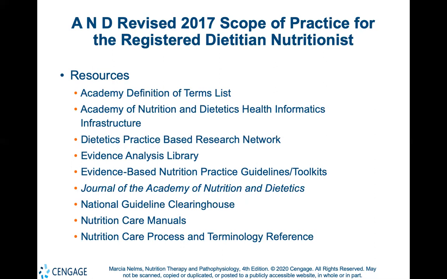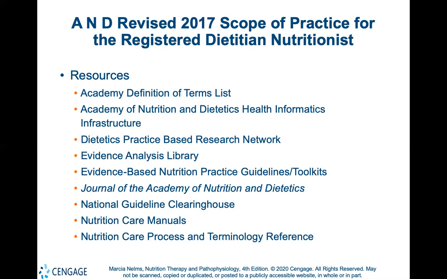The revised 2017 scope of practice for the RDN is used in conjunction with the revised 2000 standards of practice, SOP, in nutrition care, and the standards of professional performance, the SOPP, for RDNs.